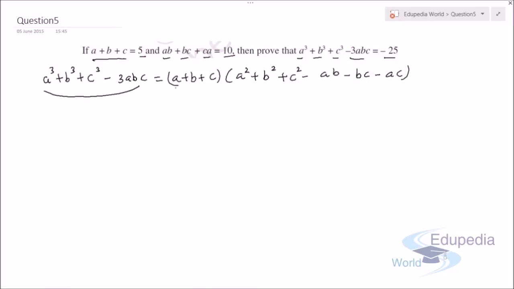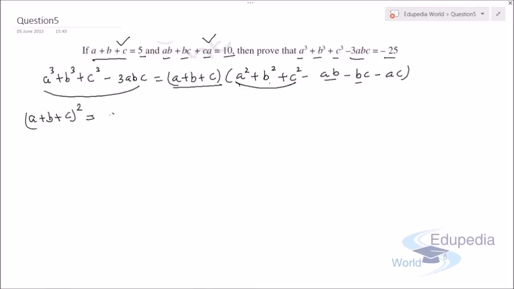So what we need is a plus b plus c, so we have it over here. Then we need a square plus b square plus c square, we have to find this. Then we need ab, bc and ac, so we have it over here. So let's first find the value of a square plus b square plus c square. Now we can use another identity, a plus b plus c whole square.